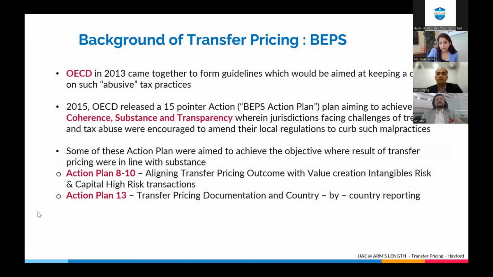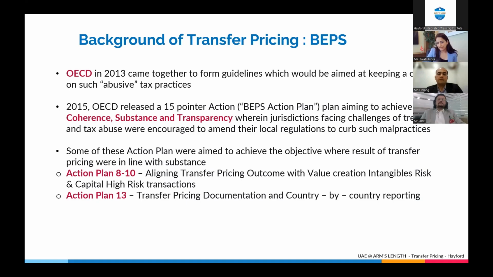As you can see here, the OECD introduced from 2013 rules against abusive tax practices, and in 2015 they released a 15-point action plan, called the BEPS action plan, which aims to achieve coherence across jurisdictions and more control over such malpractices in the region. As you know, UAE was on the red alert, and we need to follow these principles.